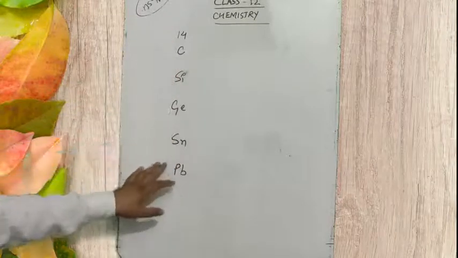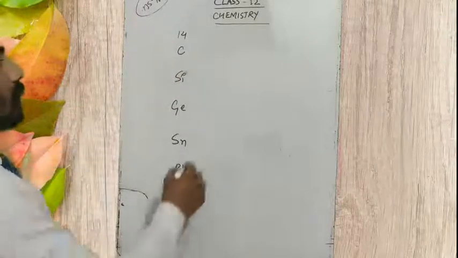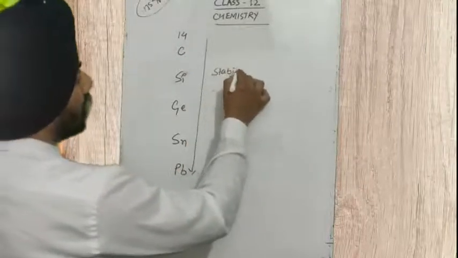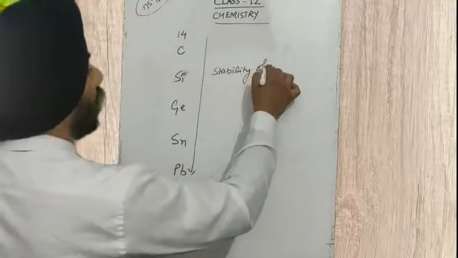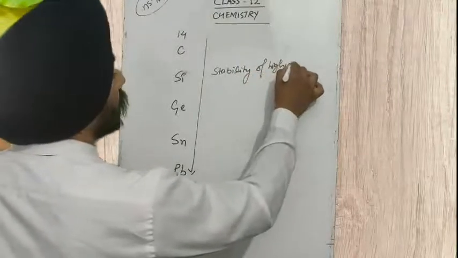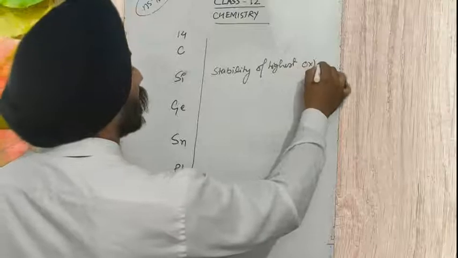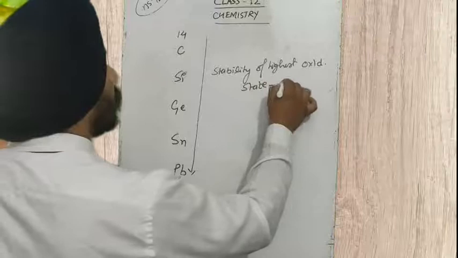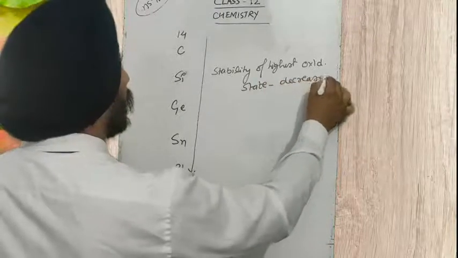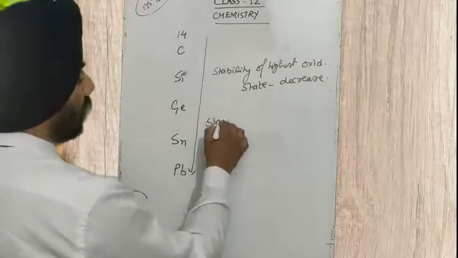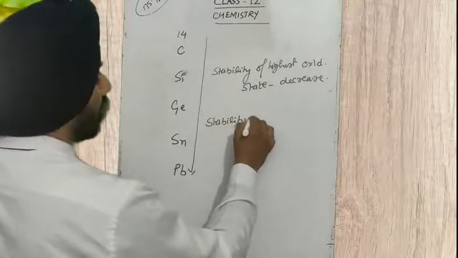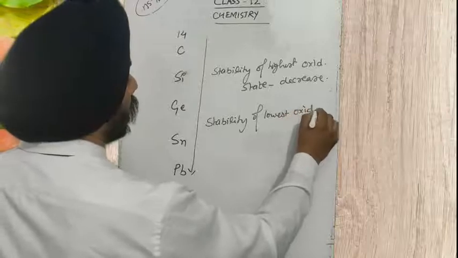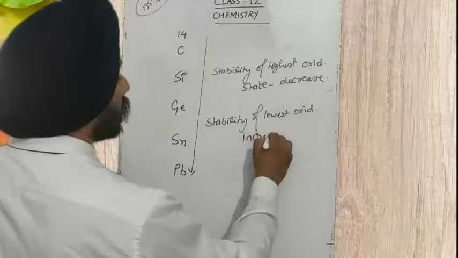As we move down the group, the stability of the highest oxidation state decreases, and the stability of the lowest oxidation state increases.